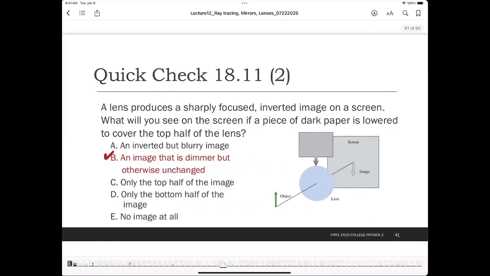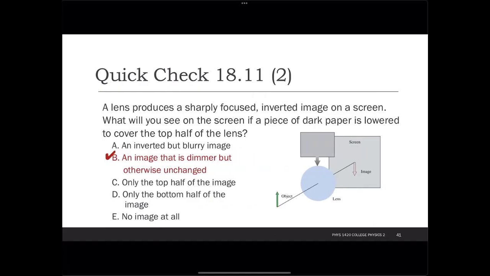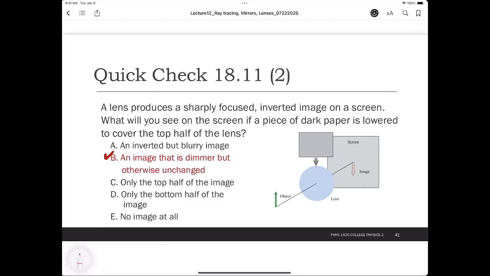Although you covered half the lens, the light can still go through the lens and form this image, but with fewer light rays. If it is the whole lens, there are many more rays going through this lens.